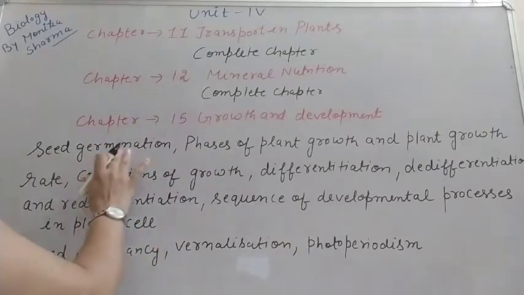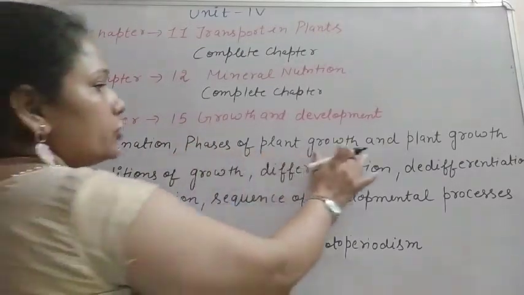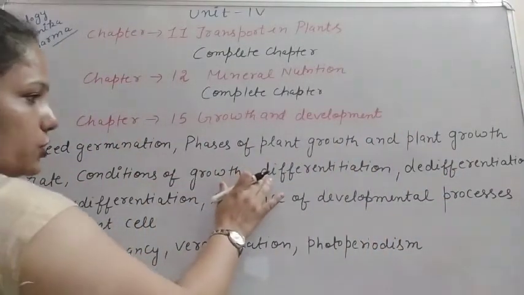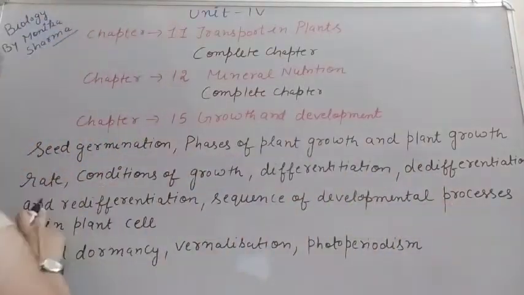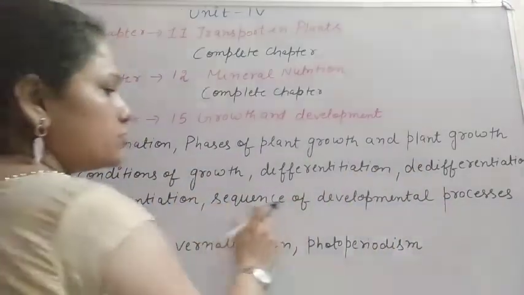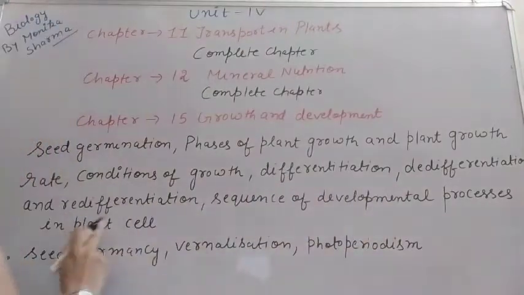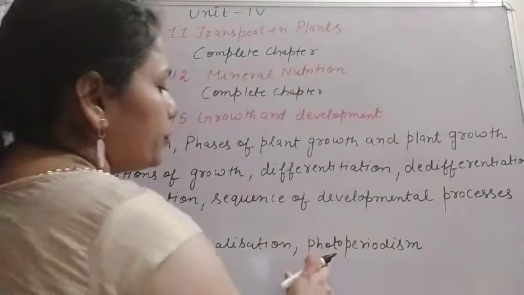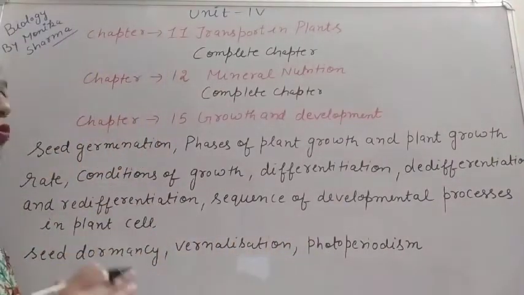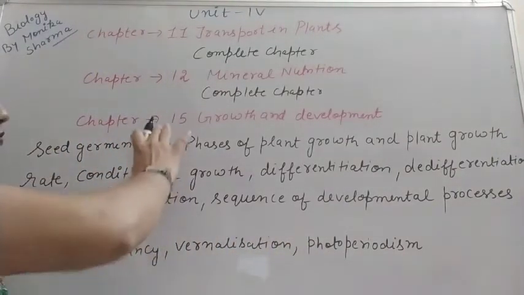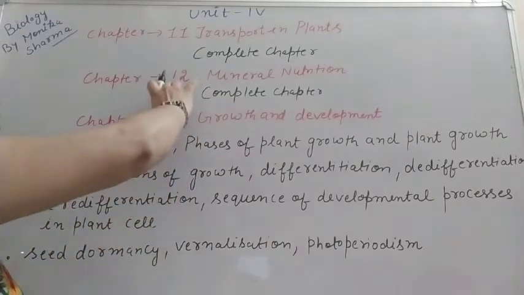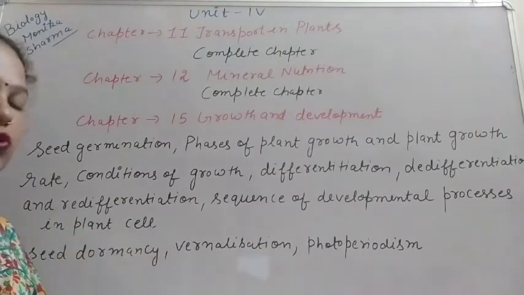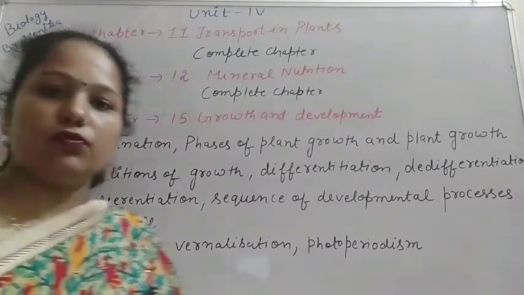The seed germination, phases of plant growth and plant growth rate, conditions of growth, differentiation, dedifferentiation and redifferentiation, sequence of developmental processes in plant cell, seed dormancy, vernalization, photoperiodism are removed from chapter 15, and chapters 11 and 12 are totally removed from unit 4th. So that is about unit 4th.